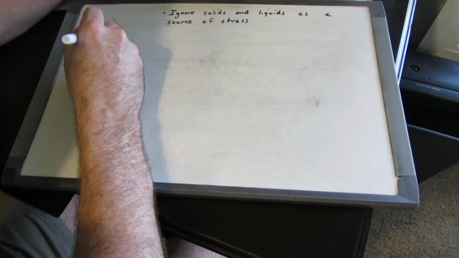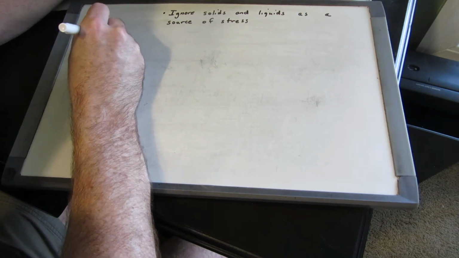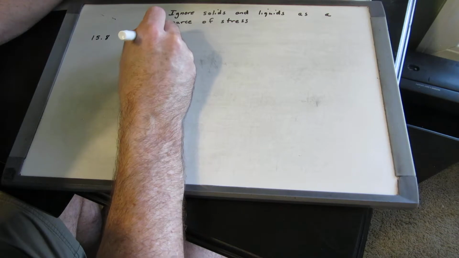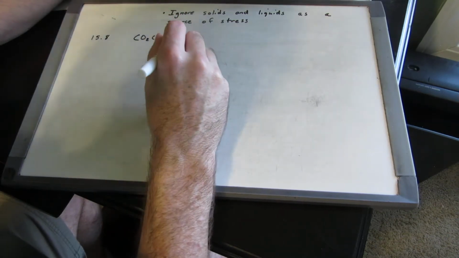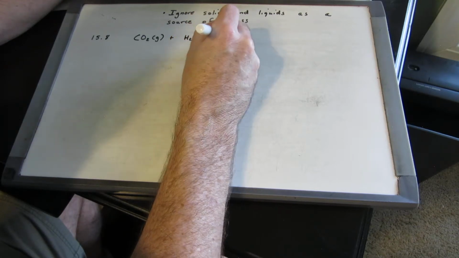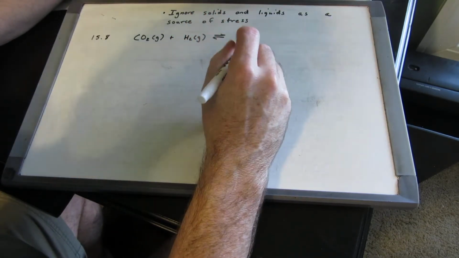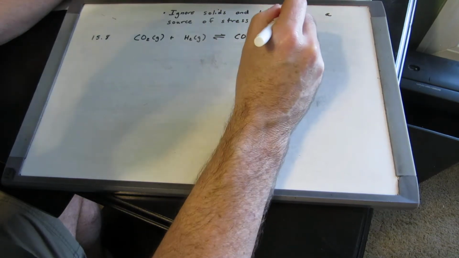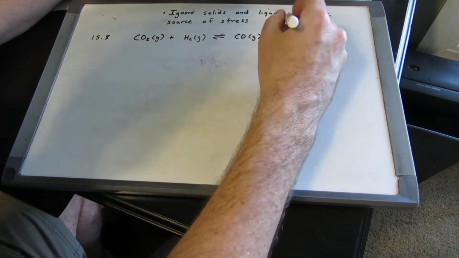So 15.8, we have this reaction, CO2 gas plus H2 gas, we've got our double arrow, that makes CO gas plus H2O gas.